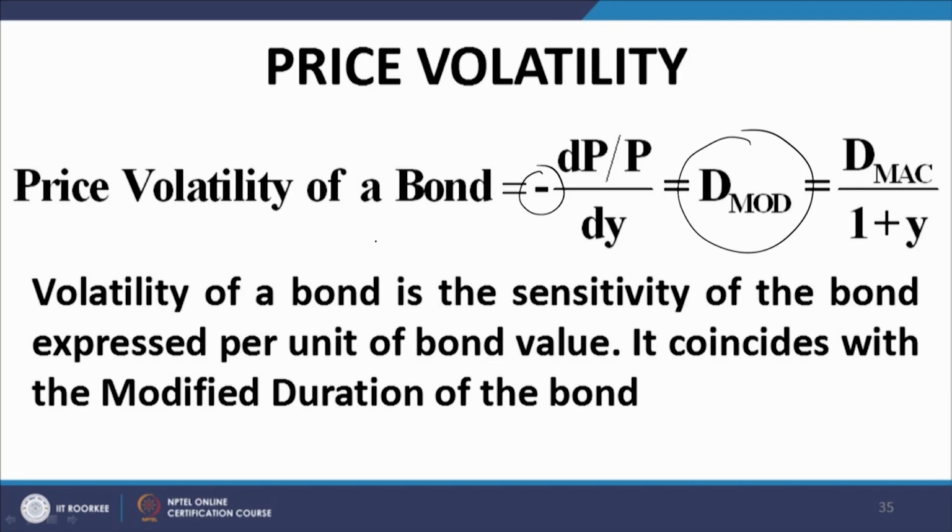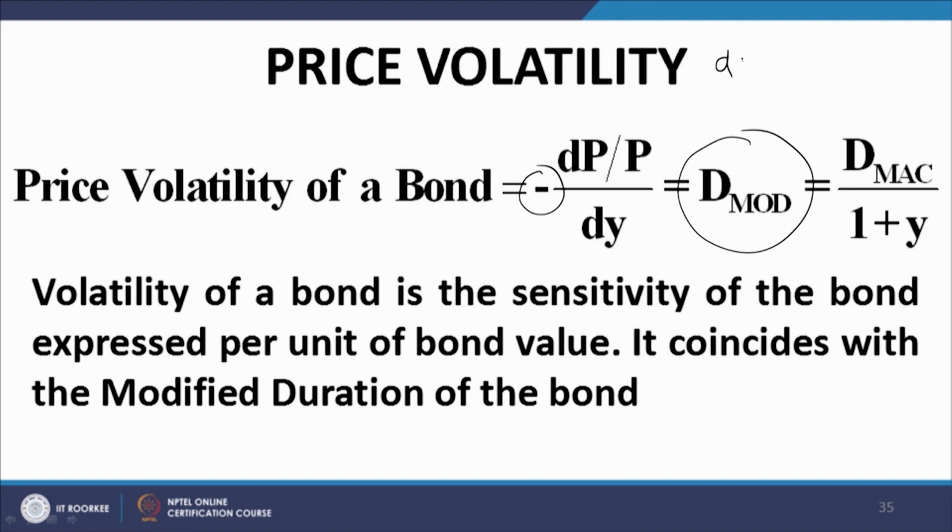So, the difference lies in the numerator. In the case of sensitivity, the numerator was the absolute price change. The numerator in the case of price volatility is the percentage price change. Of course, we have a negative sign here in both cases, and this equals D mod, or D mac upon 1 plus y, as you can easily work out. Because what did we have?